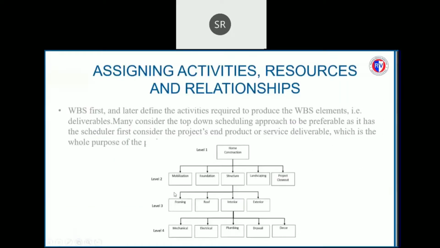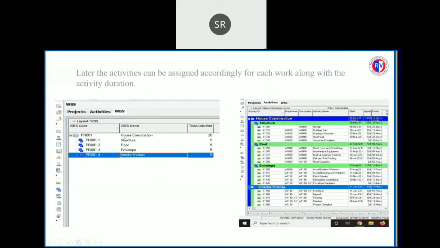This was discussed earlier. This is nothing but the top-down scheduling approach, which is preferred by most schedulers. Here this is the project, and the project is broken down in the form of work breakdown structures, which are further divided into several activities. And the activities have been assigned several resources and labor. This is the project, this is the work breakdown structure.